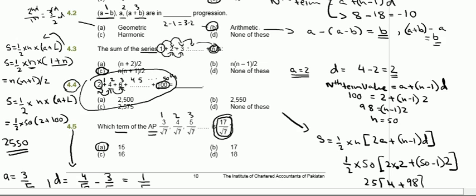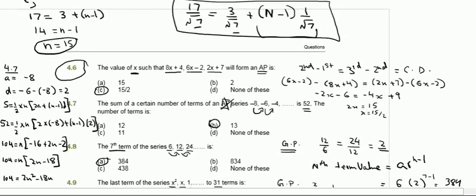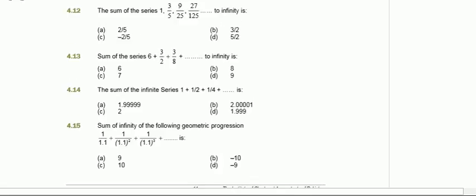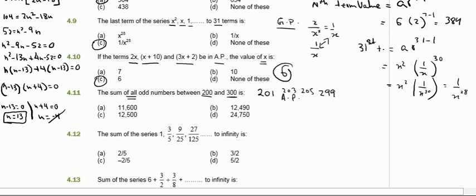Therefore I will not be solving this question again. You should watch 4.4 and try to solve this one. Moving on to next question, which is 4.12. Okay, so 4.12 has sum to infinity. We will continue questions from 4.12 in our next video.